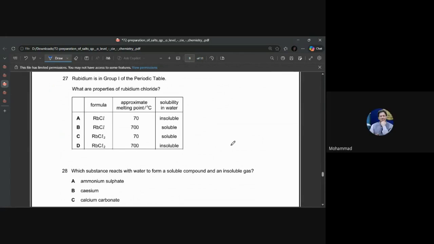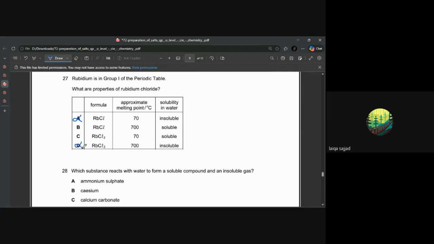What do we know about the solubility? It's soluble. Group 1 metal salts are generally soluble in water. So option A and D cannot be the correct option.